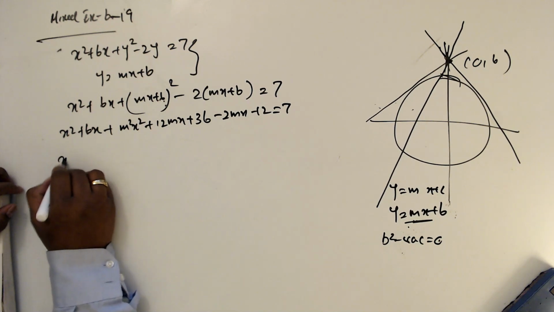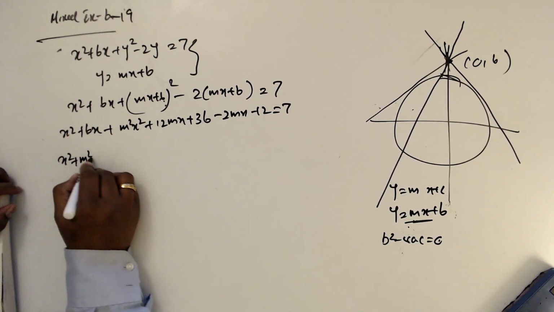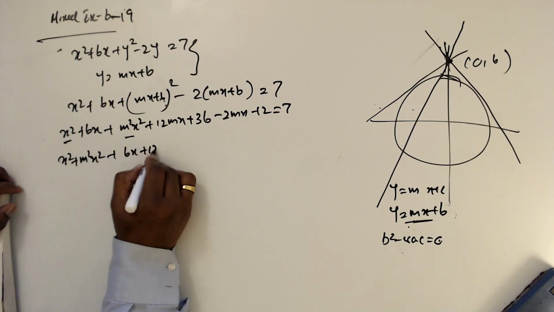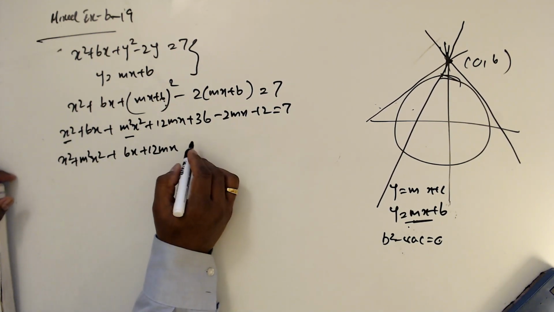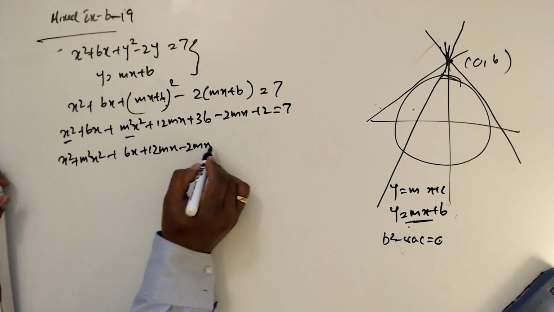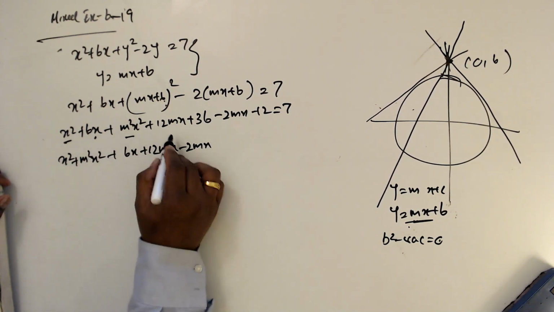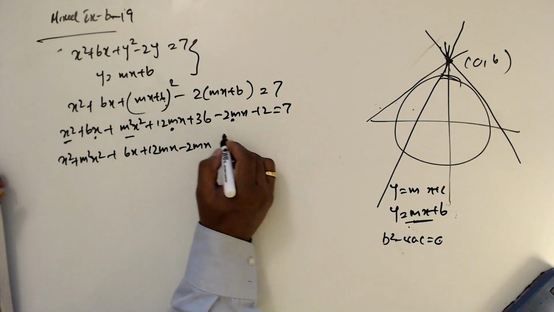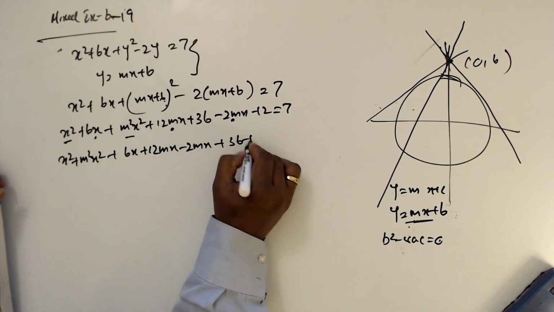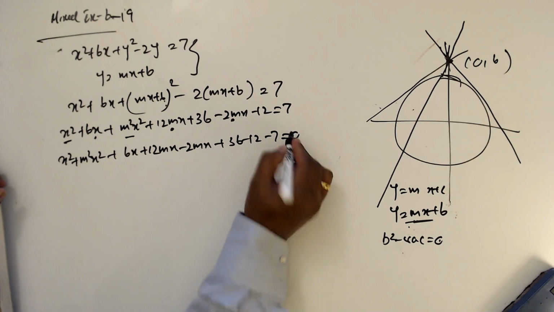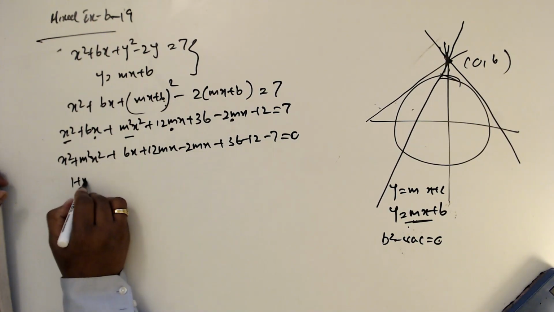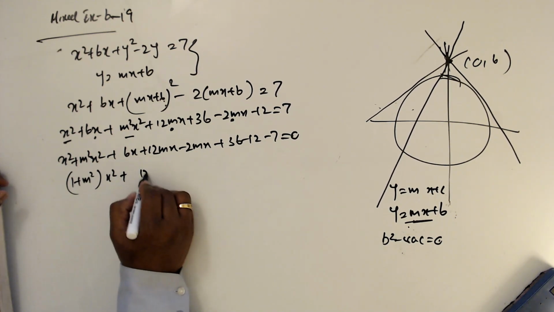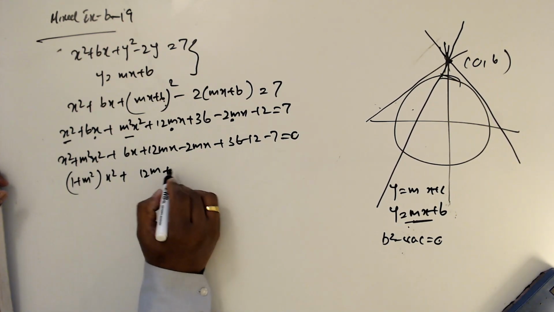So this is going to be x square plus m square x square, then 6x plus 12mx minus 2mx, and then plus 36 minus 12 minus 7 equals 0. This is 1 plus m square x square.